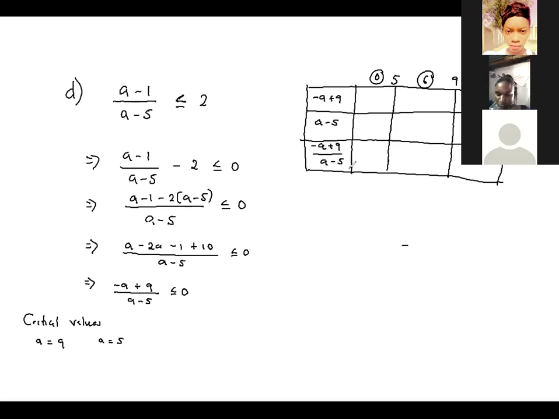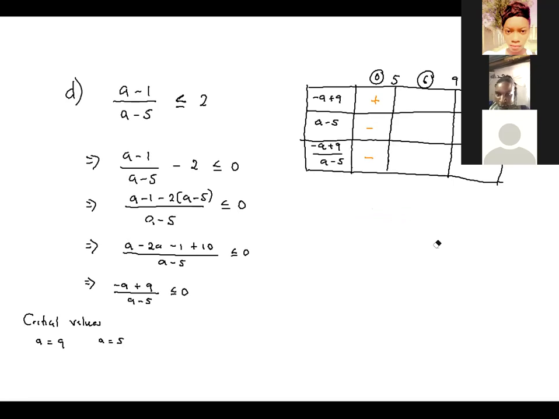And then you start testing. So say if I take 0 there where there's a, we'll have 9, which is positive. You take 0 where there's a, you have negative 5. So the quotient sign is going to be negative. We know that positive over negative is the same as negative.